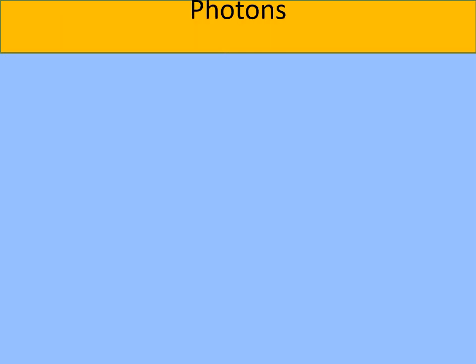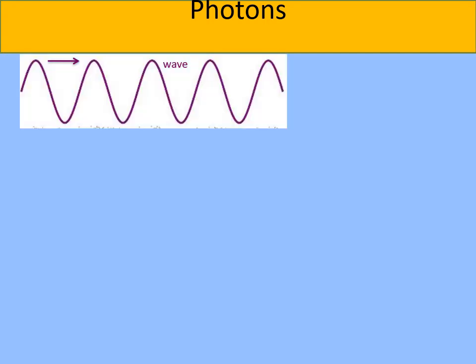So we are now in the realms of 1853 onwards, and thanks to the work of Foucault, and especially I think thanks to the work of Thomas Young, we are now firmly back in the court where we think that light can be treated as a wave. Okay, so it's a wave with this continuous wave pattern of oscillating electric and magnetic fields traveling in a direction.